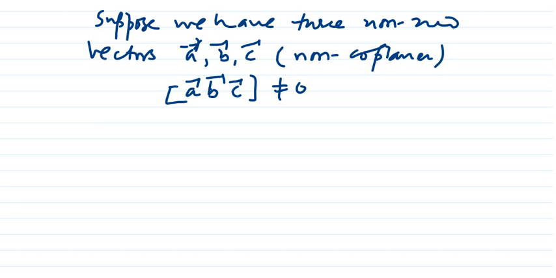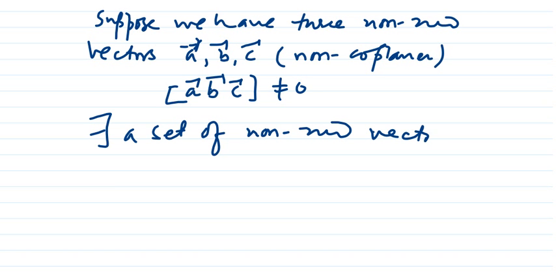So there exists a set of non-zero vectors A dash, B dash, and C dash.